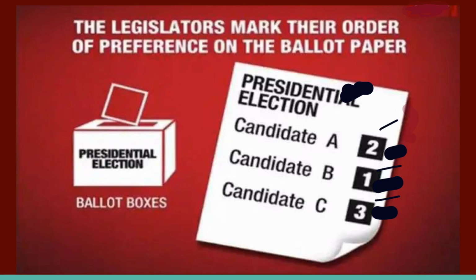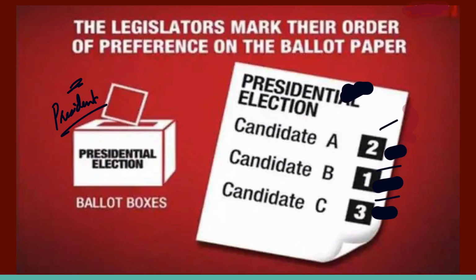In the first phase, the first preference votes are counted, and in case a candidate secures the required quota, he is declared as the president elected by the electoral college. Otherwise, the process of the transfer of votes is set in motion.